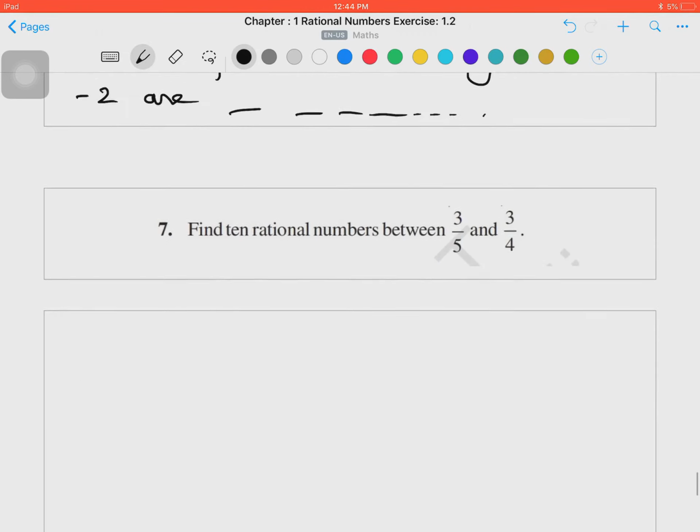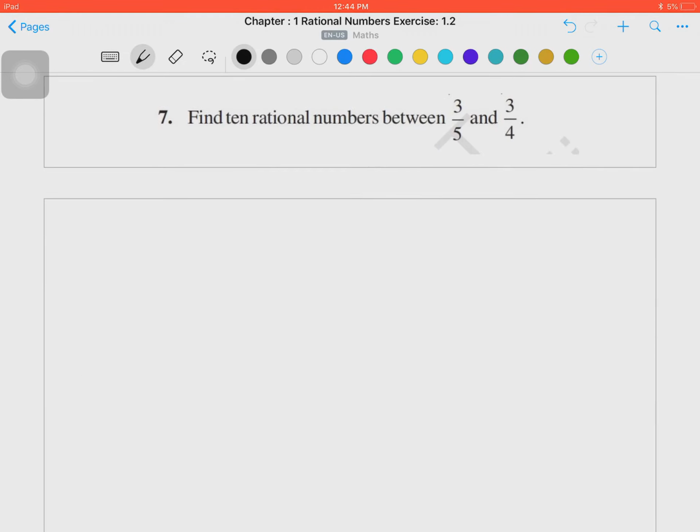Now come to the next and the last question of the exercise and the chapter, which is find 10 rational numbers between 3 by 5 and 3 by 4. Numbers are 3 by 5 and 3 by 4. So first thing is, again you will take the LCM of both denominator.